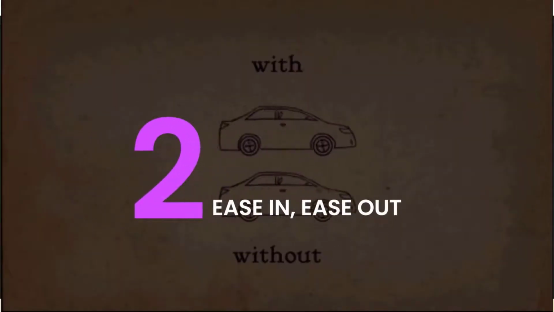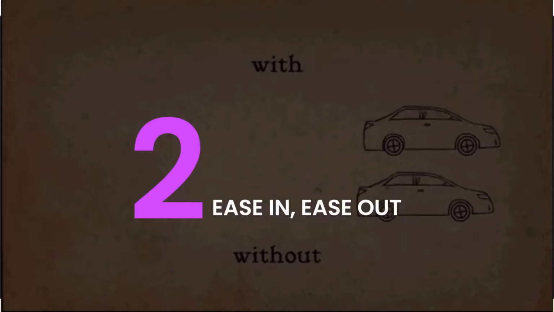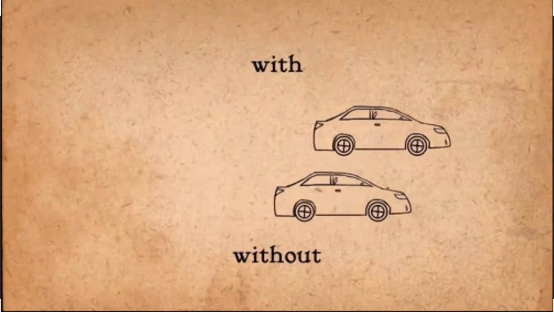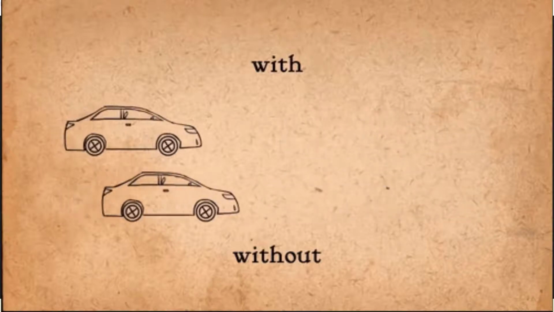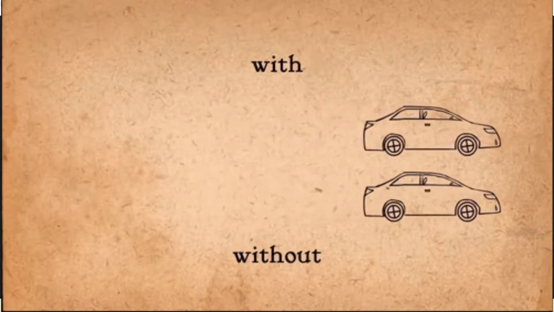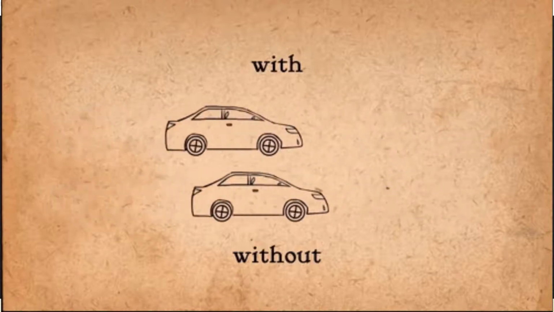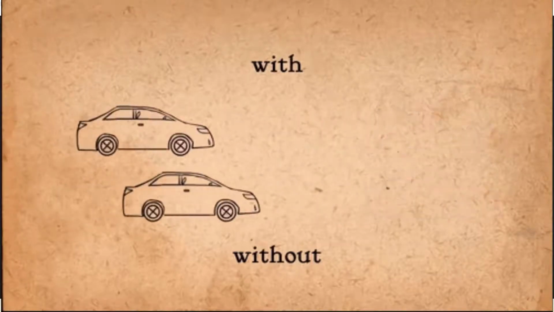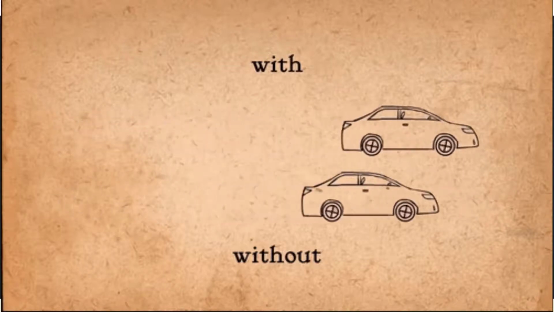Then the next principle is ease in and ease out. When an object moves away from the position of rest, the basic law of physics states that every object is by default at rest.